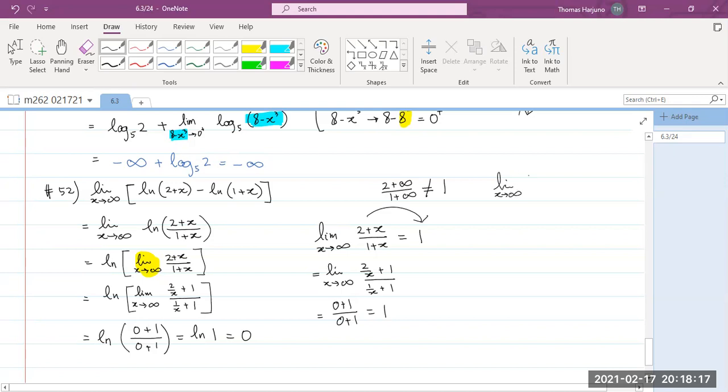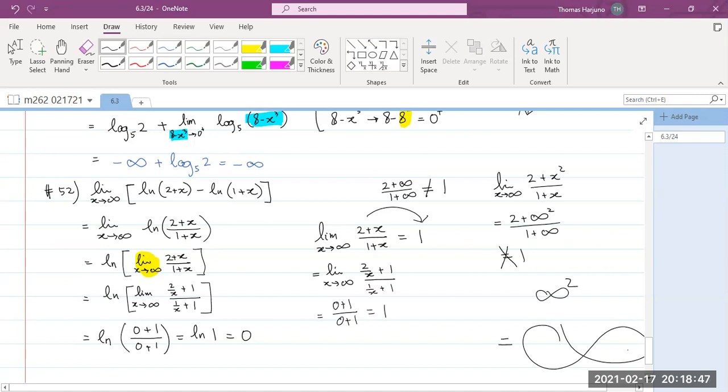Limit x goes to infinity of 2 plus x squared over 1 plus x. I dare you, substitute the x by infinity. Is it equal to 1? No, it's not, because infinity squared should be a lot bigger than infinity.